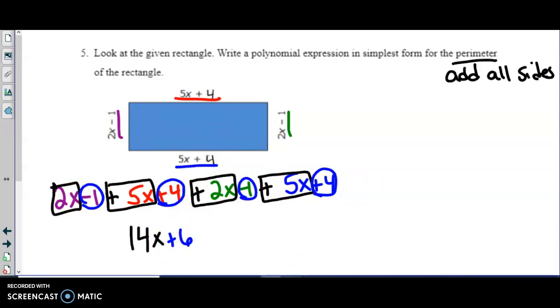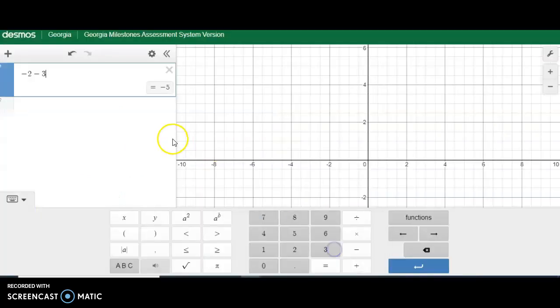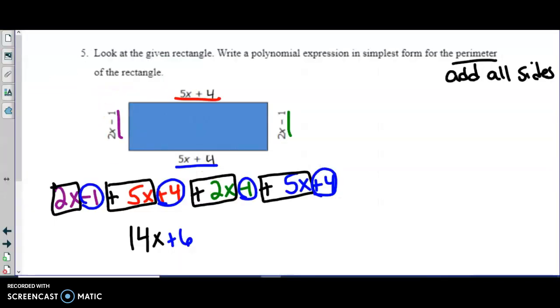But if I wasn't confident about that, I could go to my calculator and type it in. -1 plus 4, -1, +4, and it tells me that it is 6. You can't combine 14 x's with 6 numbers, so you are done. That's your final answer in simplest form. All right, good luck on this quick check.